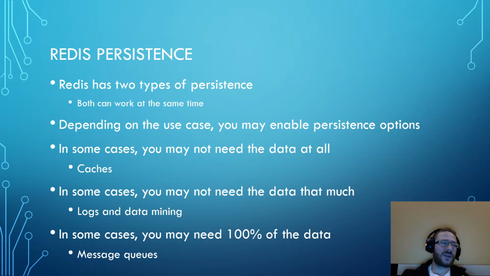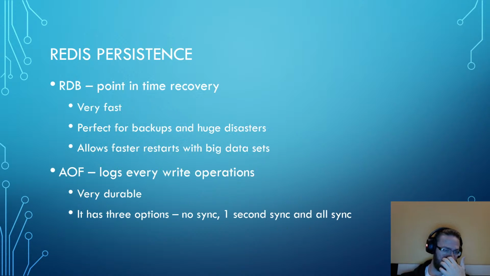You're not combining it with SQL Server or PostgreSQL or whatever. You're just using it as a single storage option. Then you need 100% of the data most of the time. So it depends on the use case, and depending on that, you have different options to configure your Redis instance.